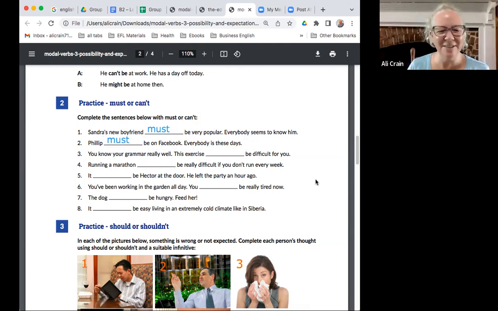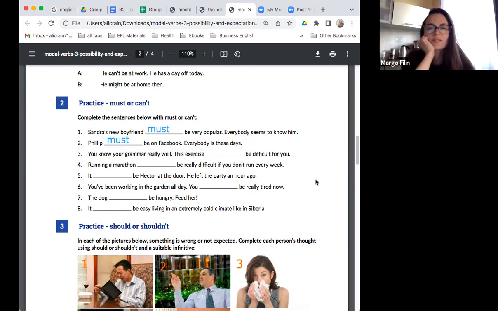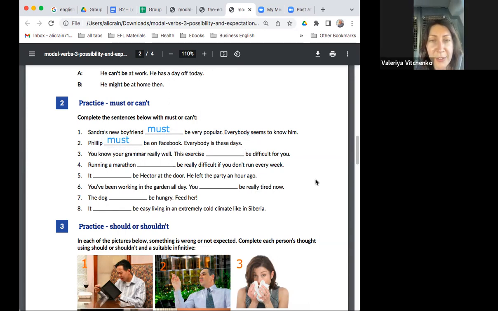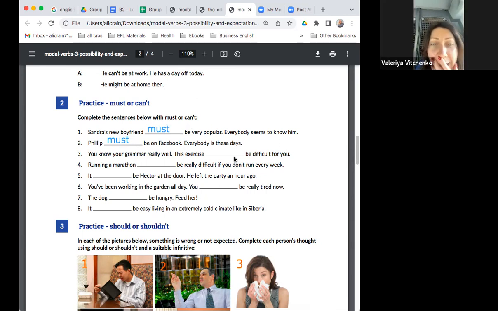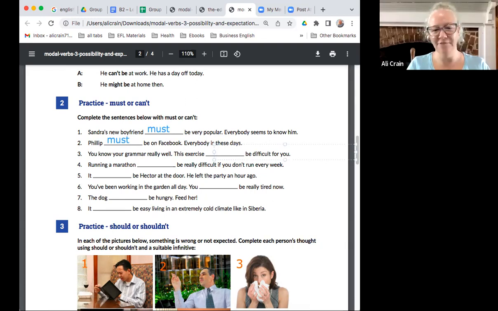Okay. Valeria, number 3. You know grammar really well. This exercise can't be difficult for you.